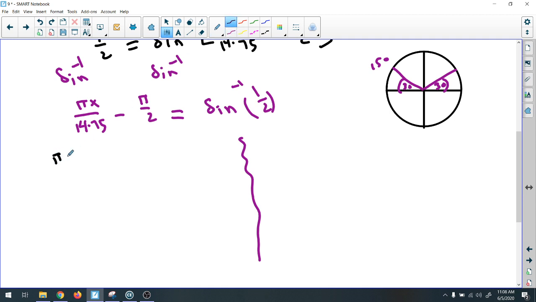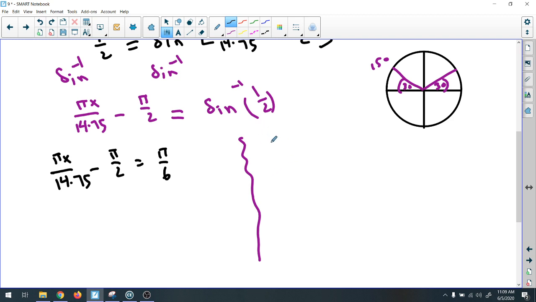So it could be pi x over 14.75 minus pi over 2 equals 30 degrees, which is pi over 6. I don't need the equivalent here. This is a real life application.